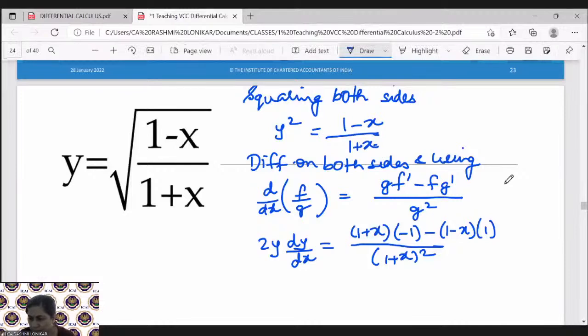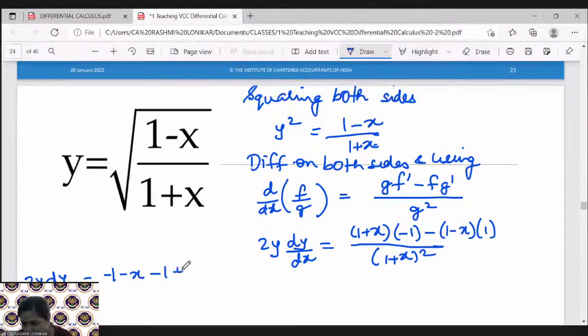So what do I have here? I have 2y dy by dx is equal to minus 1 minus x minus 1 plus x upon 1 plus x whole square.